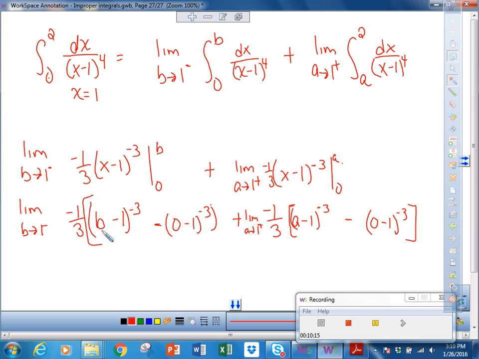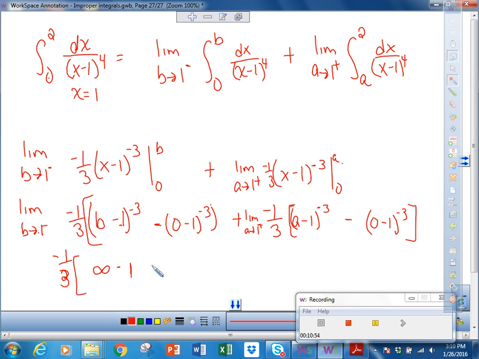Okay, looking at this, I'm just going to do the easy ones first. I have a negative 1/3 on the outside, and it's being multiplied by everything, so I'm just going to take it out of everything. Negative 1 to the negative 3 is simply negative 1. As b approaches 1, b minus 1 is 0. But I have 0 to the negative 3, and 0 to the negative 3 essentially is infinity.